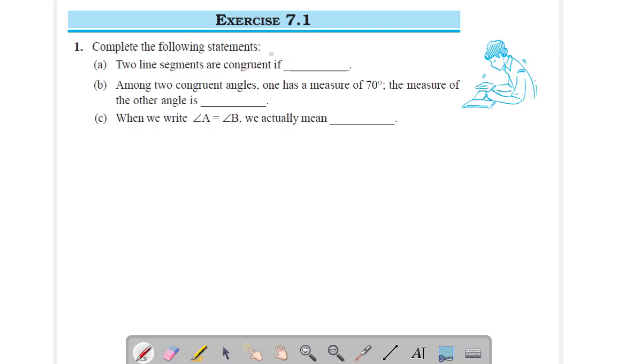Now come to exercise 7.1. See first question. Complete the following statement. So do it in your notebook.